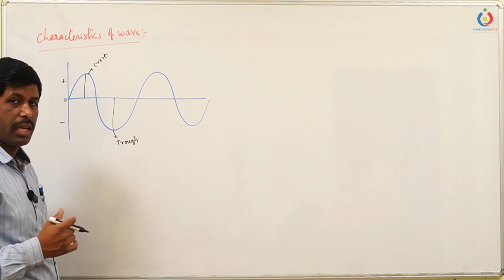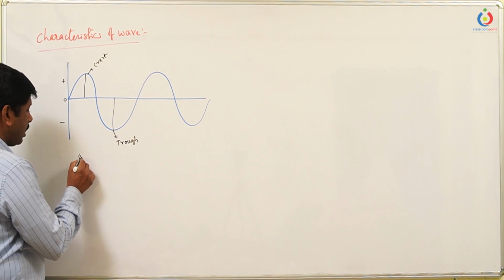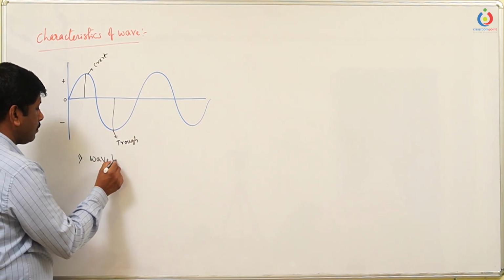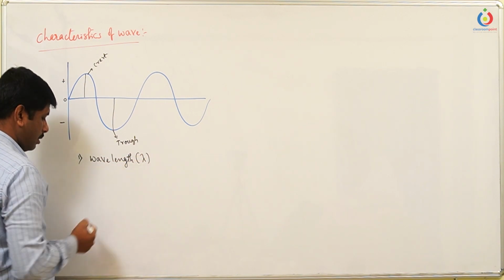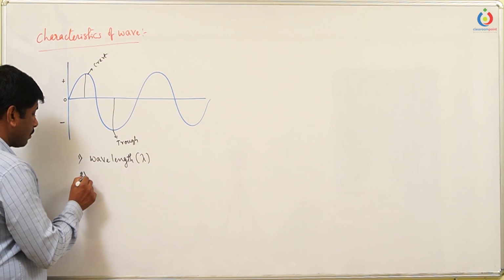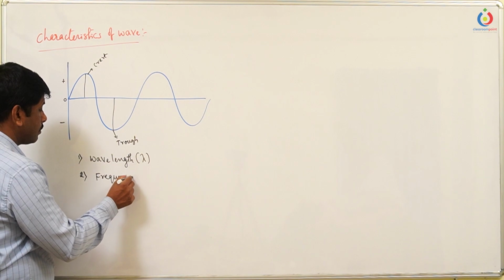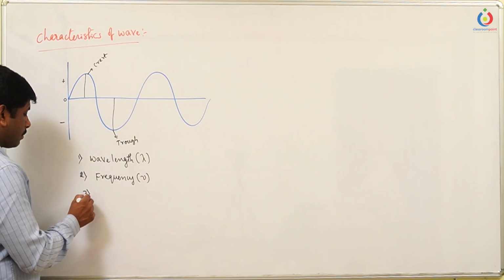Now let us see what are the characteristics of the wave. A wave always has mainly 5 characteristics. They are wavelength, which is denoted by the symbol lambda. Second one is frequency, denoted by the symbol nu.